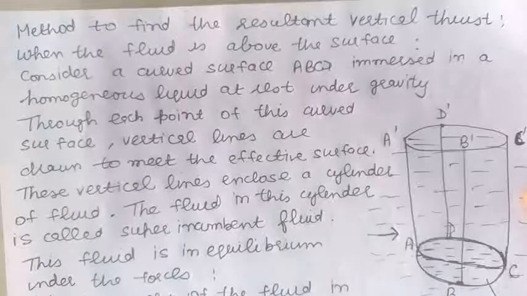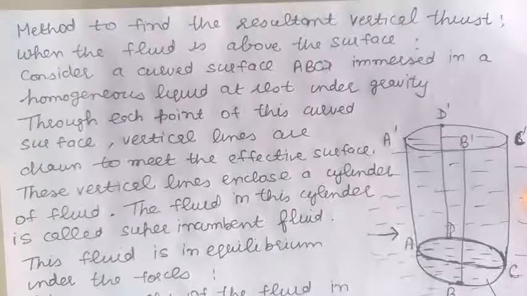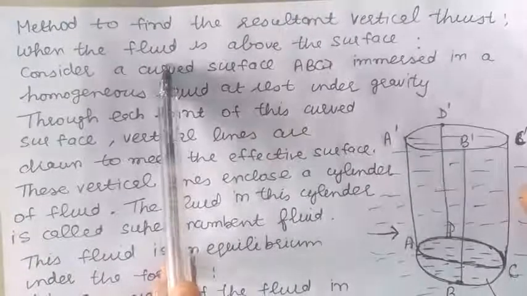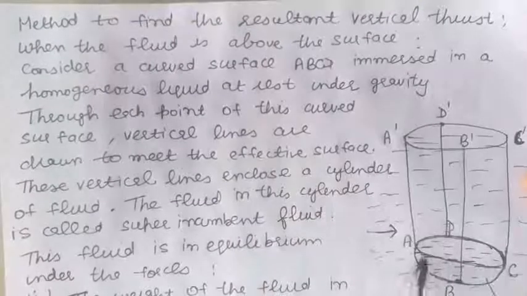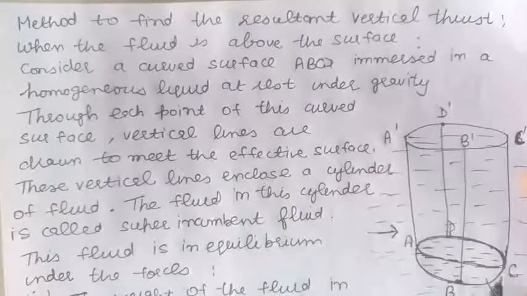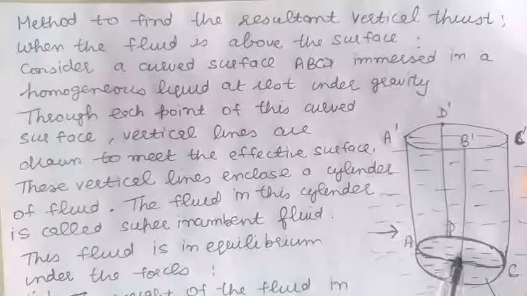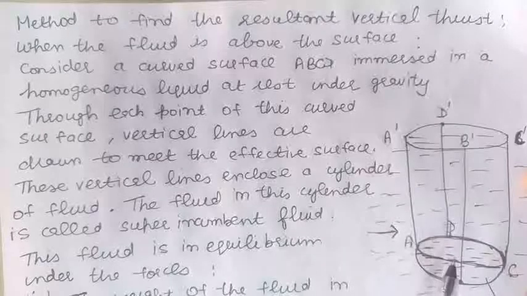To find the resultant vertical thrust in the case when the fluid is above the surface, let us consider a curved surface ABCD, which is immersed in a homogeneous liquid at rest under gravity.